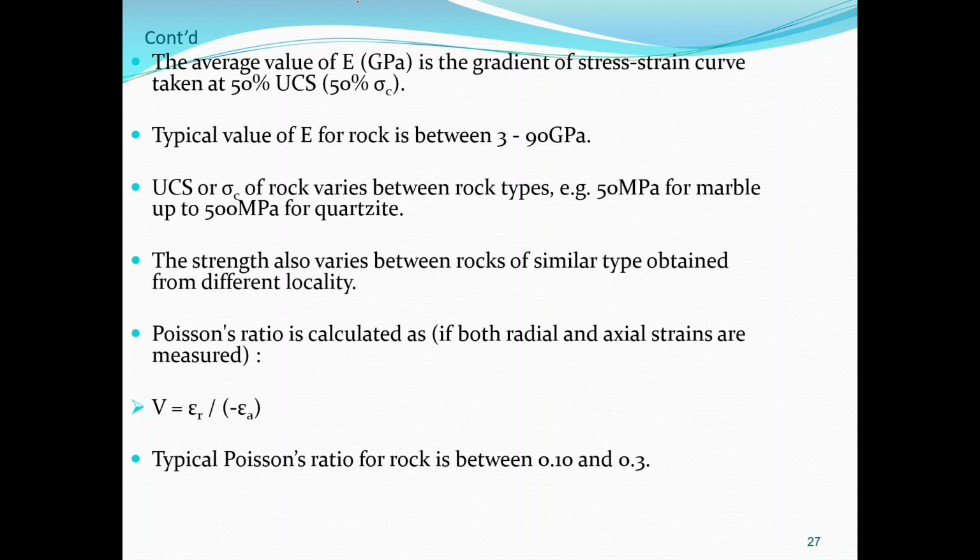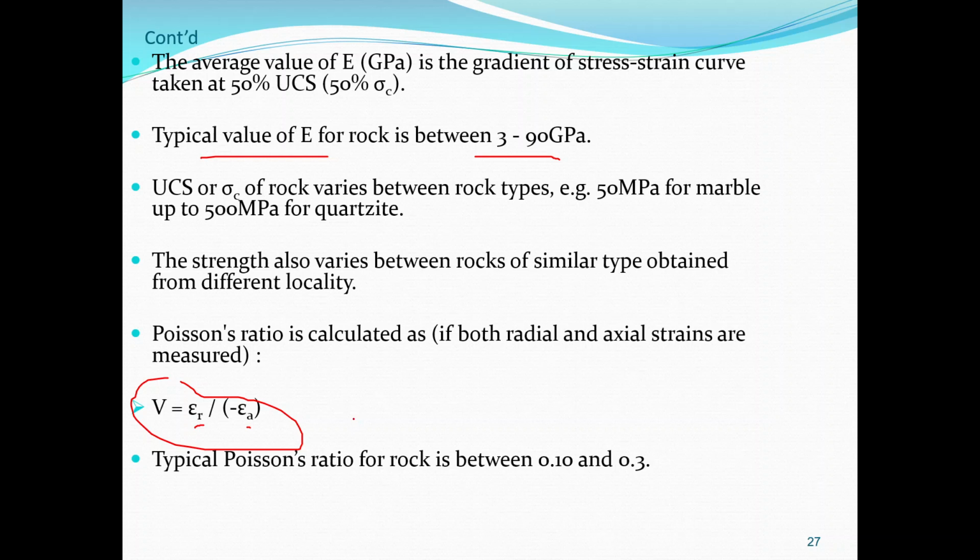Normally Young modulus is the gradient at 50% of the UCS compressive strength, and the typical value for Young modulus is between 3 to 90 gigapascal, and this depends on the type of rocks. So we can measure the Poisson ratio based on the strain in radial or axial.